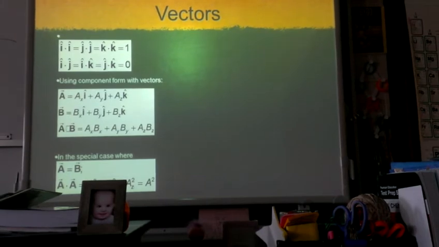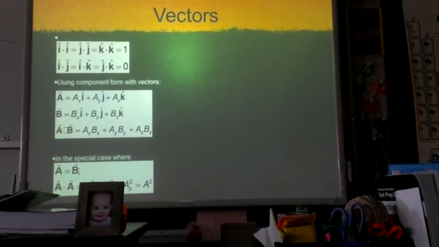I may give you B in the exact same way. So how do I find the scalar product of A dot B? I can find that by taking AX times BX, adding it to AY times BY, adding that to AZ times BZ. Okay, and we're going to do an example of this here in just a minute.